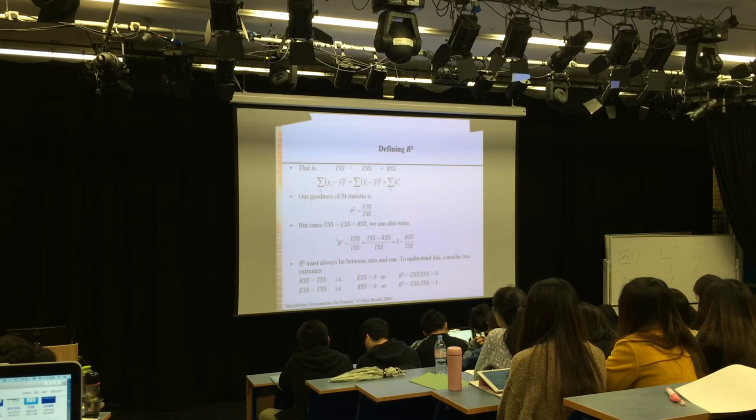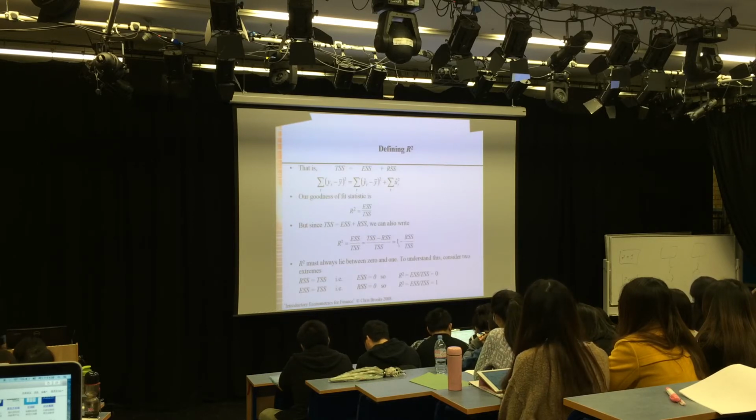You don't have to worry too much about this. It's a simple enough equation really. What you're looking at is 1 minus the residual sum of the squares over the total sum of the squares. This is the variation in the variable you're trying to explain, and this is the variation in your residuals.